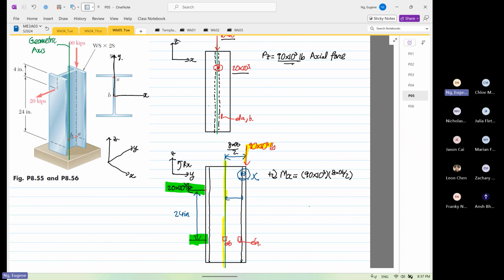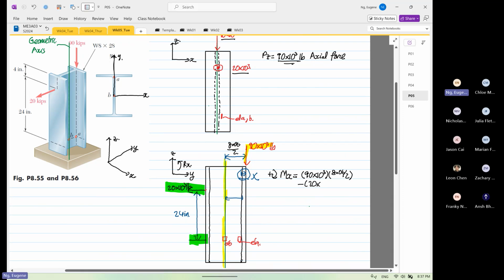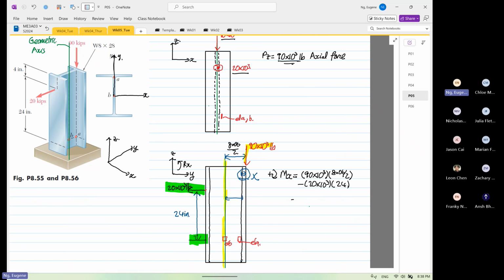Now the 20 is going in an anti-clockwise direction relative to element A and B, so it's minus 20 times 10 to the power 3 multiplied by a distance of 24. So this will be equal to 90 times 10 to the power 3 times 8.06 divided by 2 minus 20 times 10 to the power 3 times 24, which is equal to minus 117.3 times 10 to the power 3 pound inch.